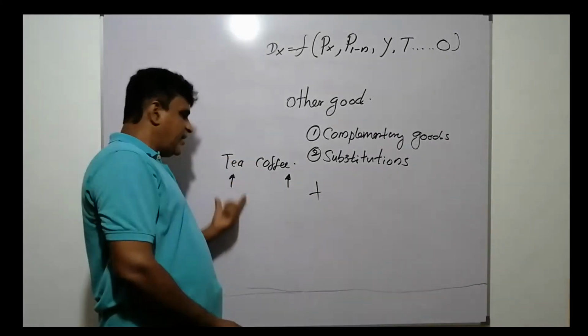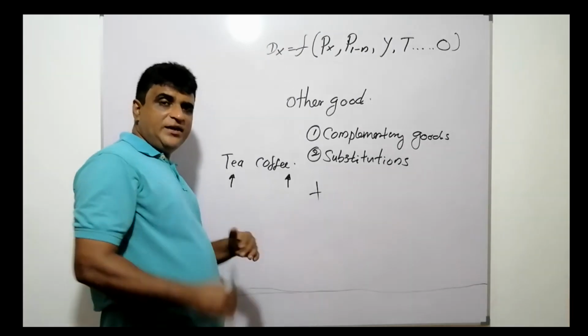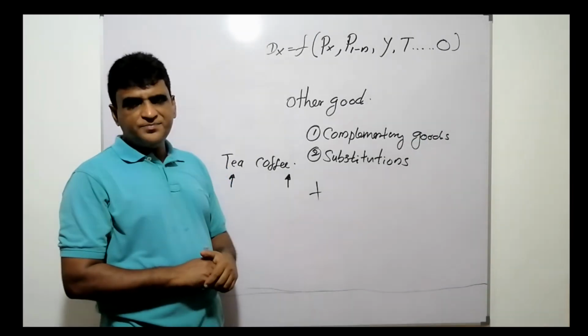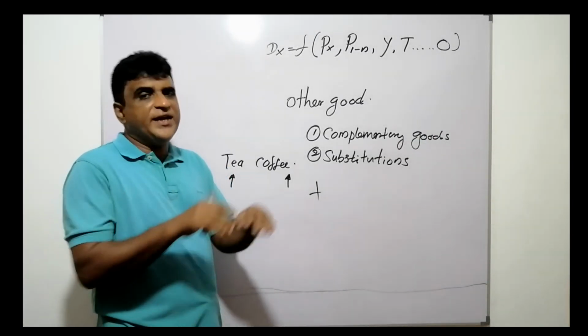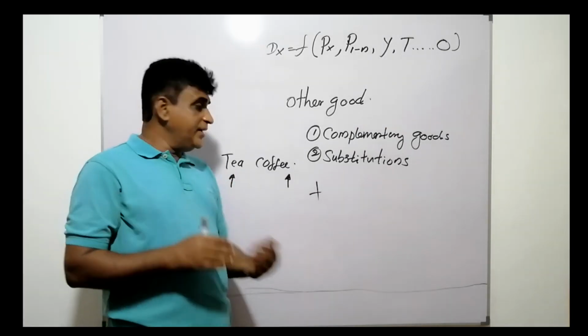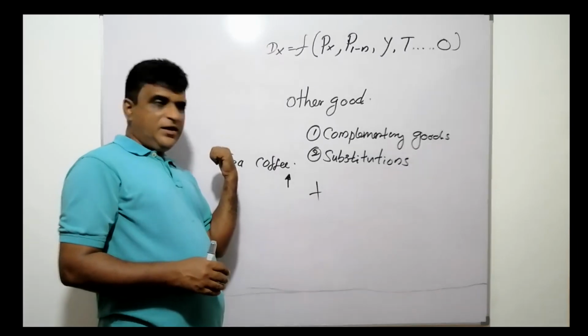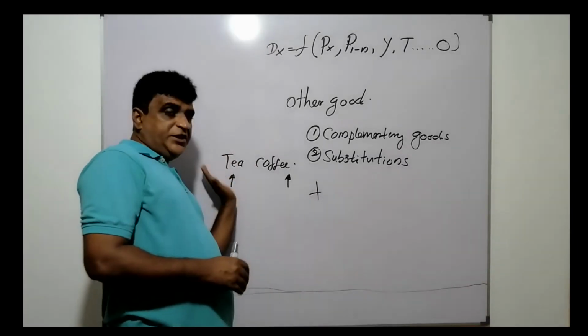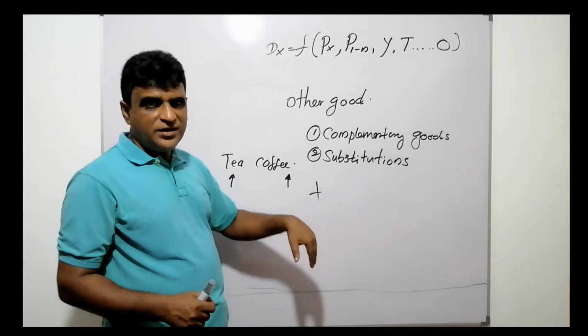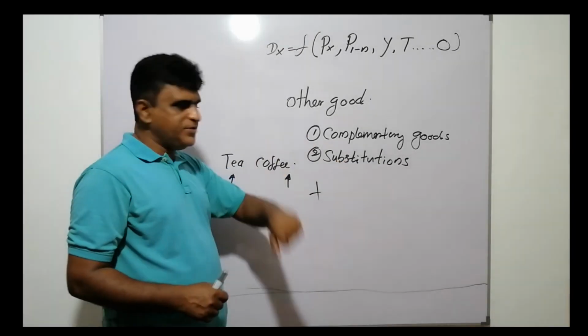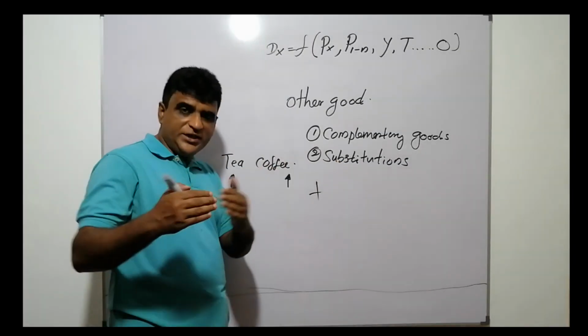Why? With the lower cost, they can taste tea. Then they shift from coffee to tea. If the price goes up, they move from tea to coffee. Right? That is substitution. That has a positive connectivity.